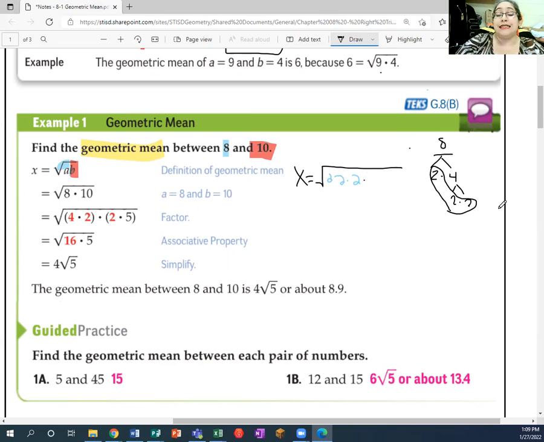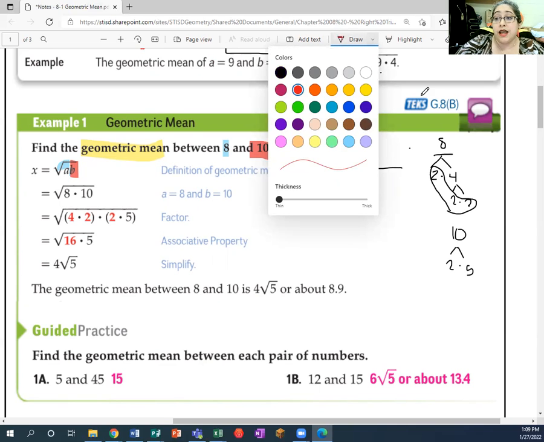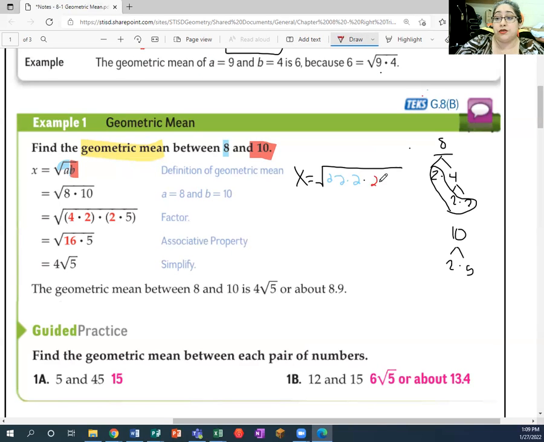And then I'm going to look at 10 and try to find the prime factors of 10. Well, I can get to 10 by multiplying 2 and 5. Nothing else to do with the 2, nothing else to do with the 5. So those must be the prime factors of 10, 2 and 5.